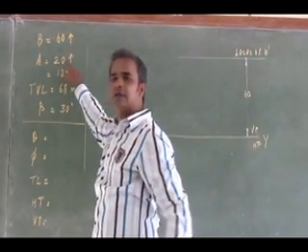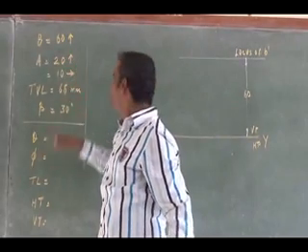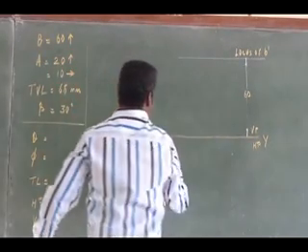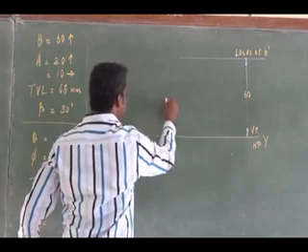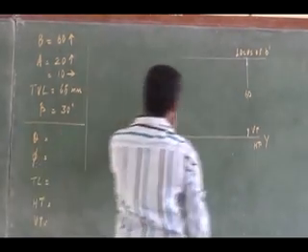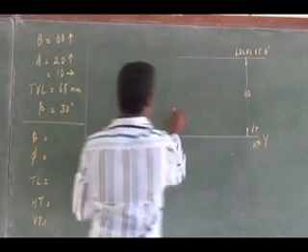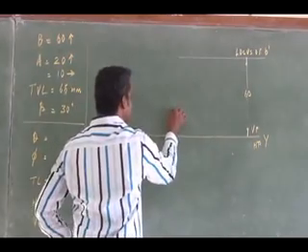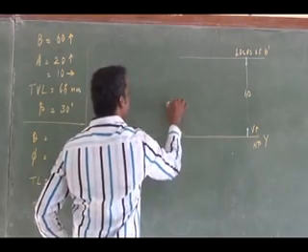What is the second one? End A is 20 mm above HP and 10 mm in front of VP. I can draw a projector line. So it is 20 mm above HP. Above the reference line we will be marking it. It is A dash.